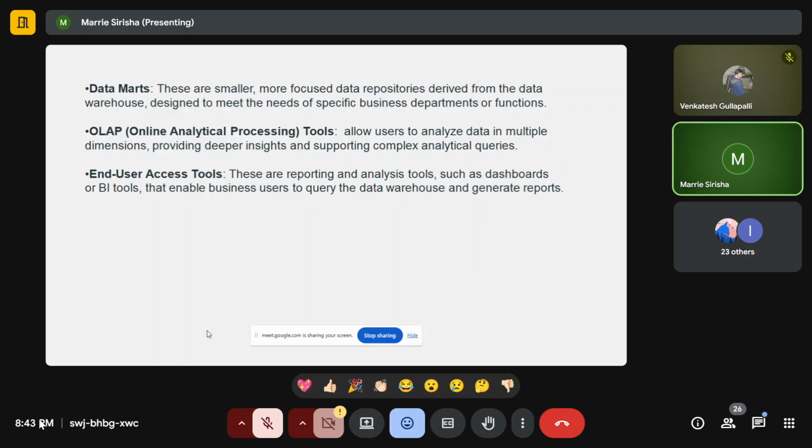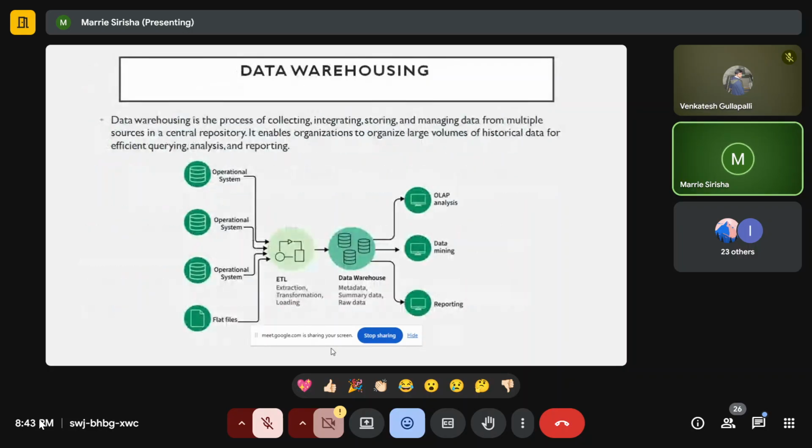That is, whatever the requirements of a business are, you can extract them from the data marts. And OLAP is online analytical processing tools that allow the user to analyze the data and provide insights. This is nothing but analysis. So this is how data warehousing works.